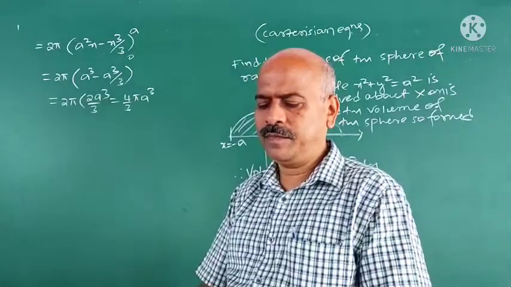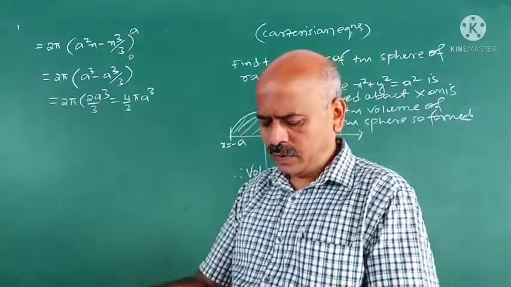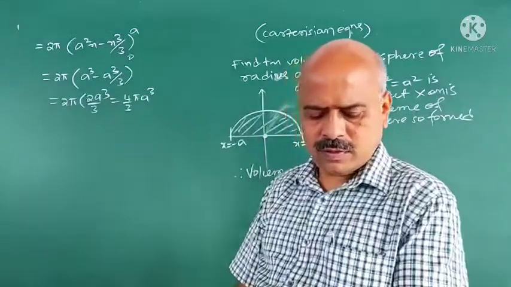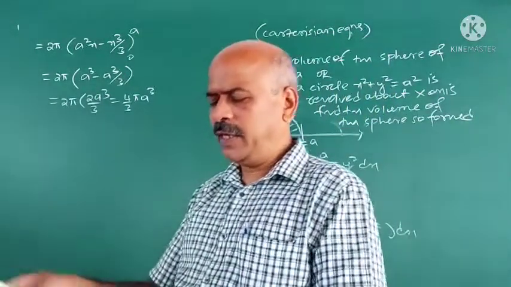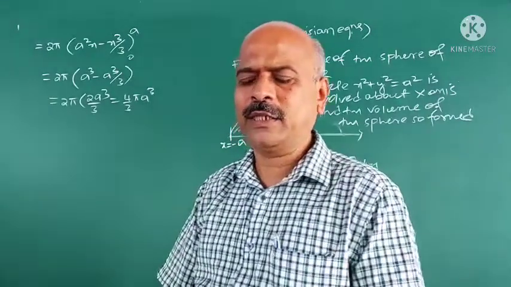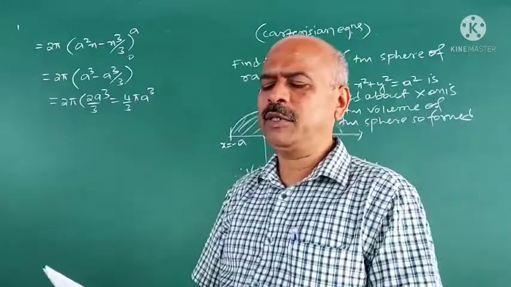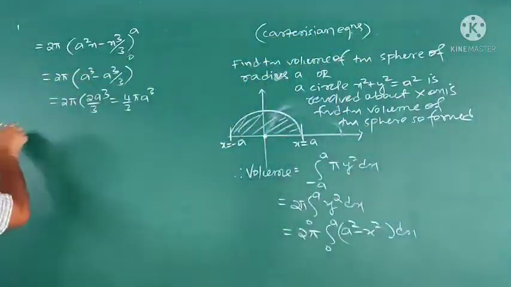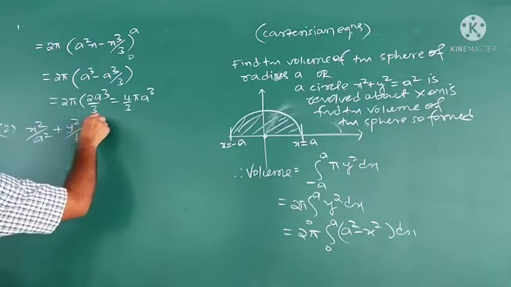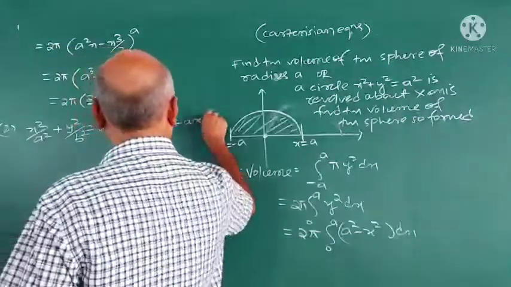Second is, take this problem. Find the volume of the solid obtained by revolving the ellipse x square by a square plus y square by b square is equal to 1 about the x axis.